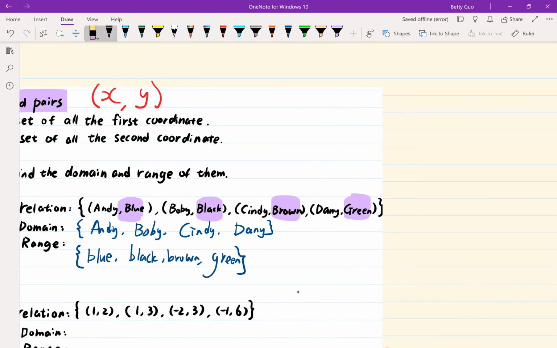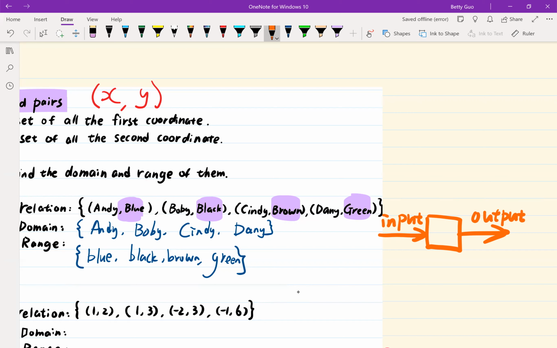We have a machine here. What kind of machine? If you give the machine an input, the machine would produce one or more corresponding outputs. It would produce output or outputs for the given input.